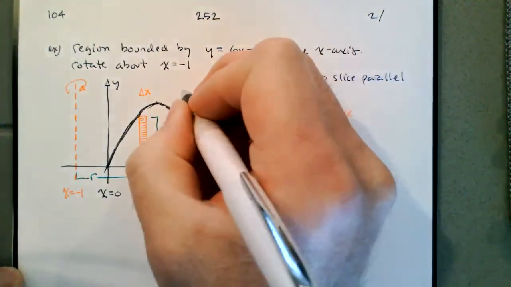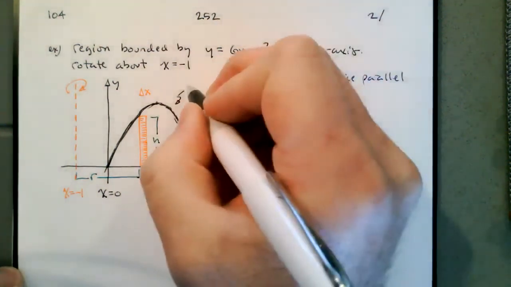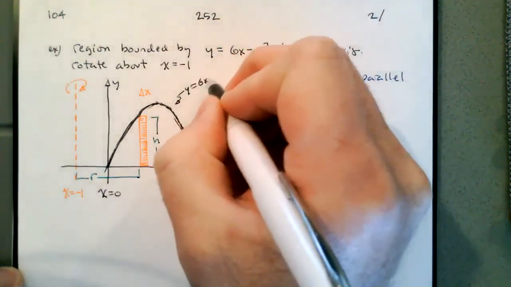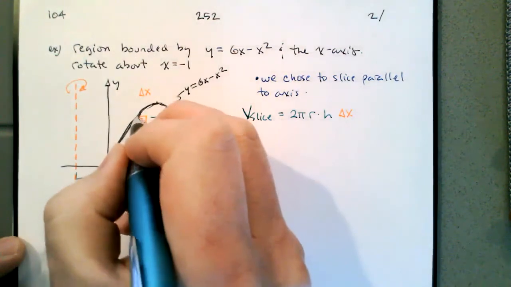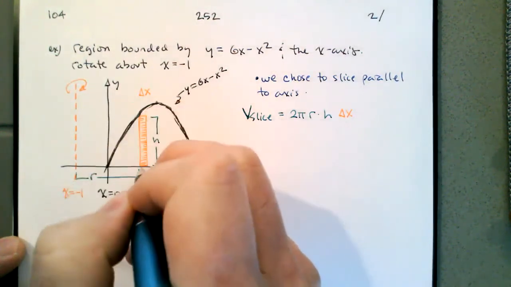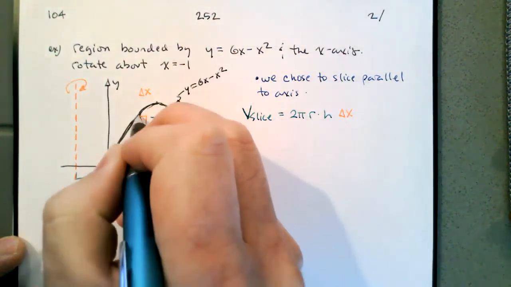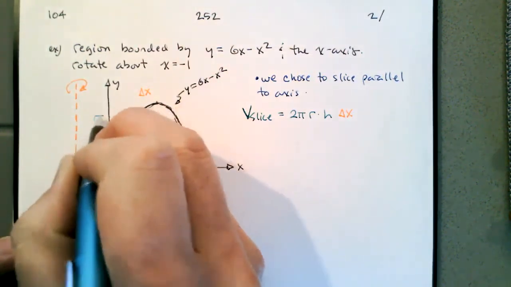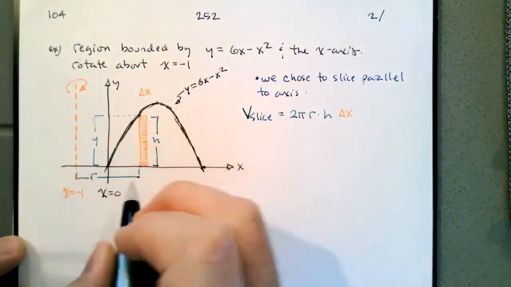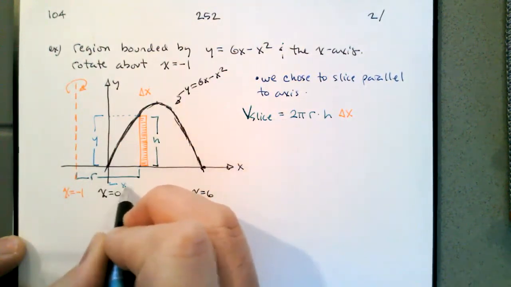I forgot to label that this is the graph of y equals 6x minus x squared. Now I need to write r and h in terms of x. So I need to label where x and y are. So I'll pick the point where the slice intersects the graph, and so I can identify y, and I can identify x.